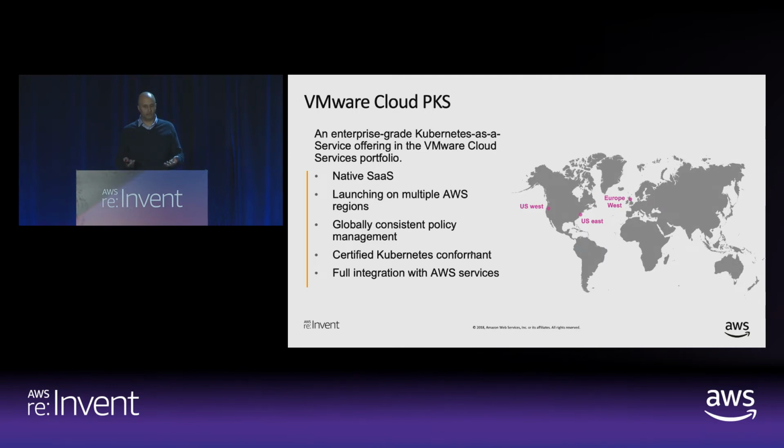And almost instantaneously, and we'll show you a demo, within 2 to 3 steps, you launch a cluster that the service manages for you and then gives you access to the cluster where you can go in and deploy an application. And it's a completely, fully certified Kubernetes conformance service. It has full integration into any and all of your Amazon services. We'll talk about that in a minute. And it's got multiple locations on Amazon around the world.